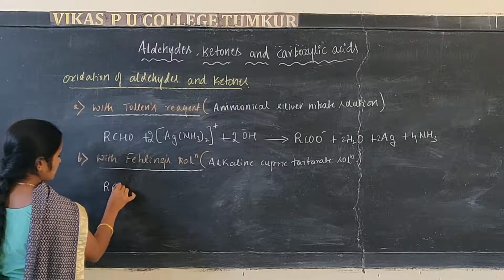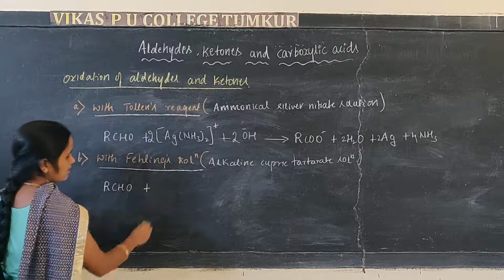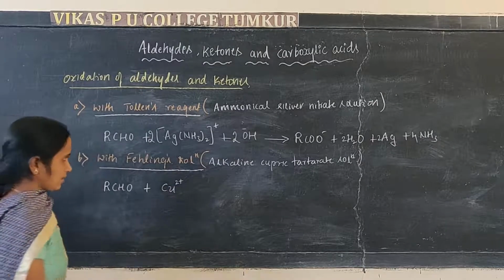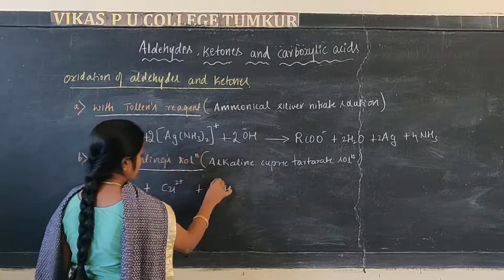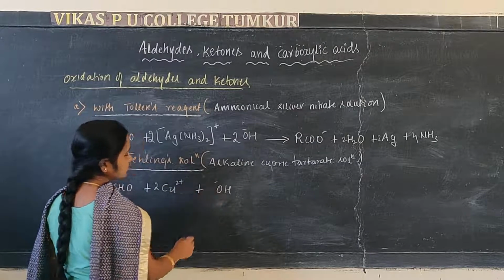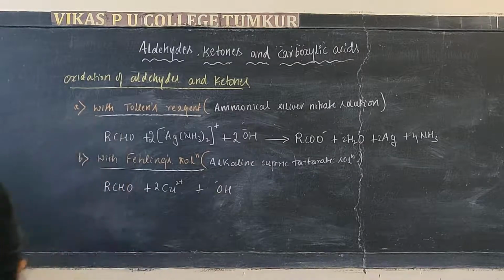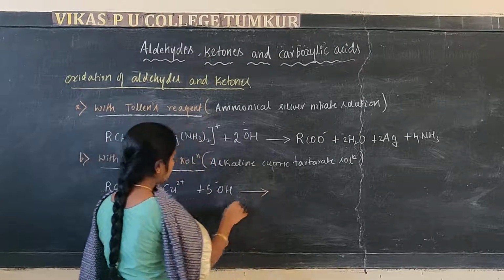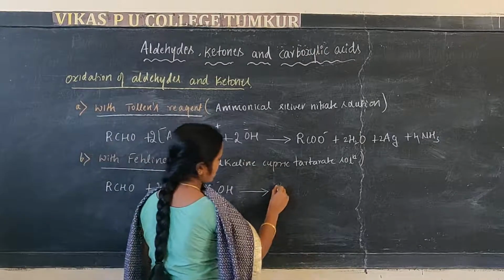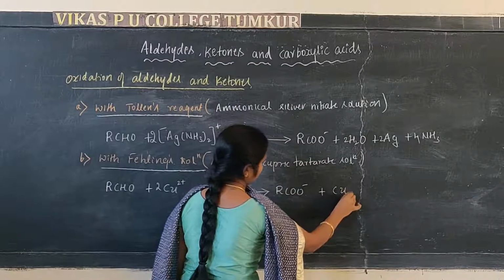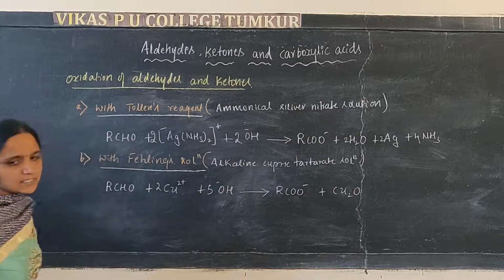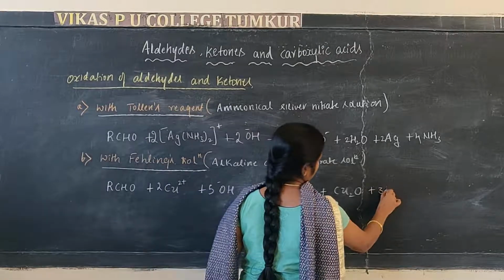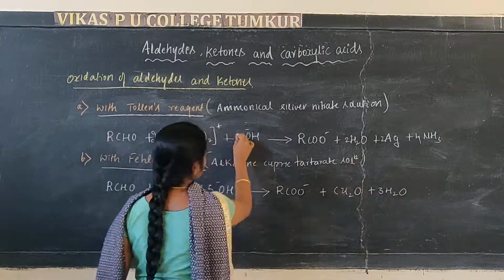The equation can be written as RCHO treated with Fehling's solution, Cu2+, in the presence of base, forming the respective carboxylic acid, RCOO minus, Cu2O, and 3H2O, to balance.